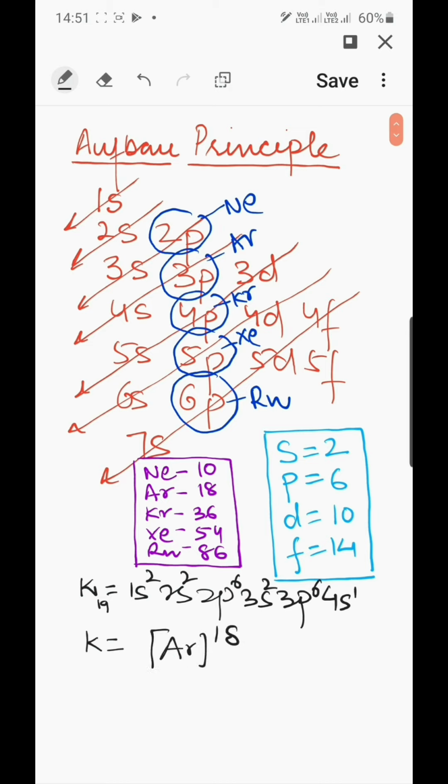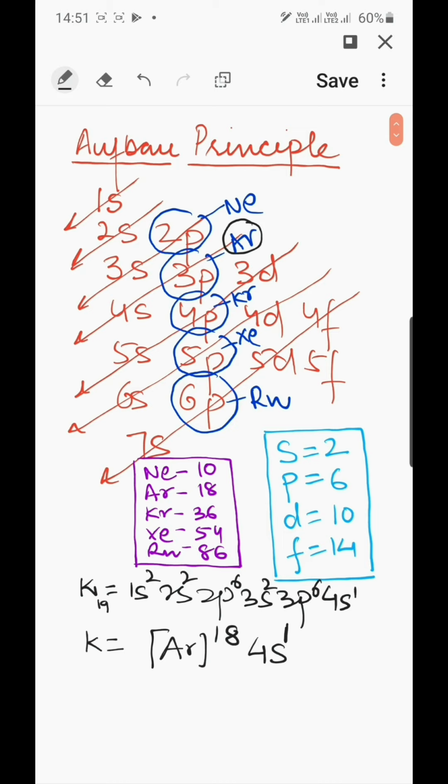The position of argon is this, that is 3p. So up to here 18 electrons get filled, and you have to write the next orbital, that is 4s. After 3p, that is 4s. So 18 plus 1, this is 19.